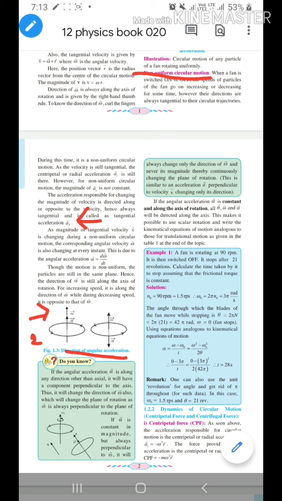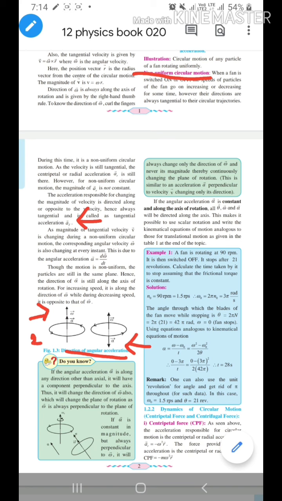And if the angular velocity omega decreases, then the angular acceleration alpha bar is taken as negative along the axis of rotation, but opposite to the angular velocity omega. It shows that the right hand rule is not used to determine the direction of angular acceleration alpha, even if it is along the axis of rotation and perpendicular to the plane of the circle.